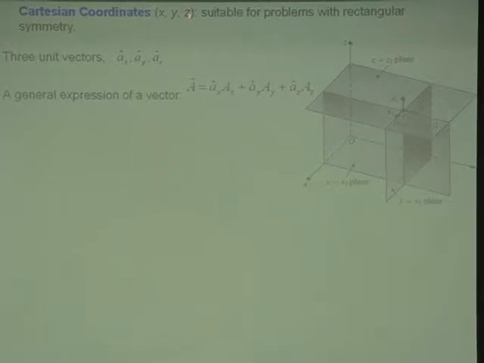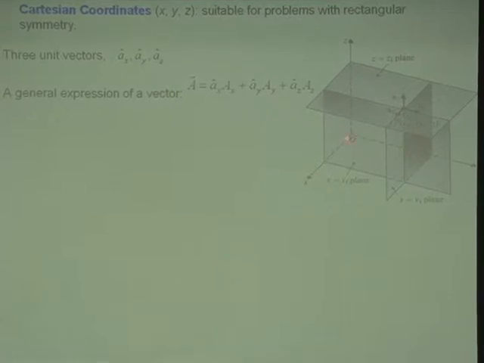And in this coordinate system, you create 3 unit vectors along x direction, y direction, and z direction. And with unit vectors denoted by x hat, y hat and z hat. And a vector inside this Cartesian coordinate system or rectangular coordinate system is that you have 3 components.